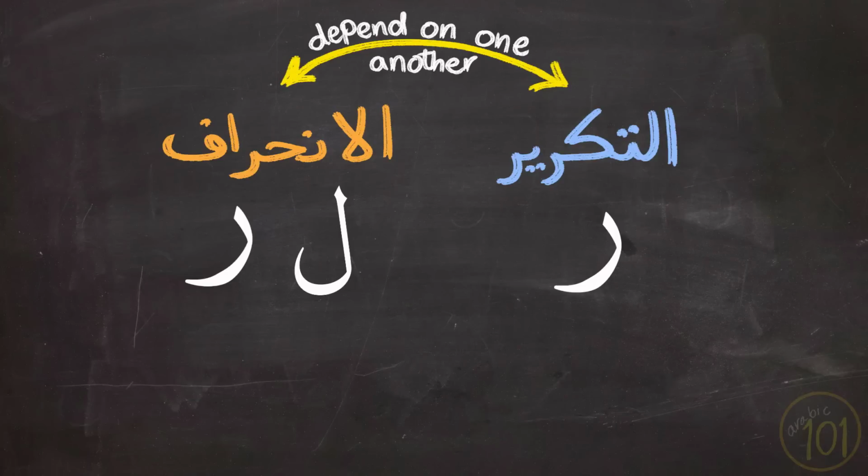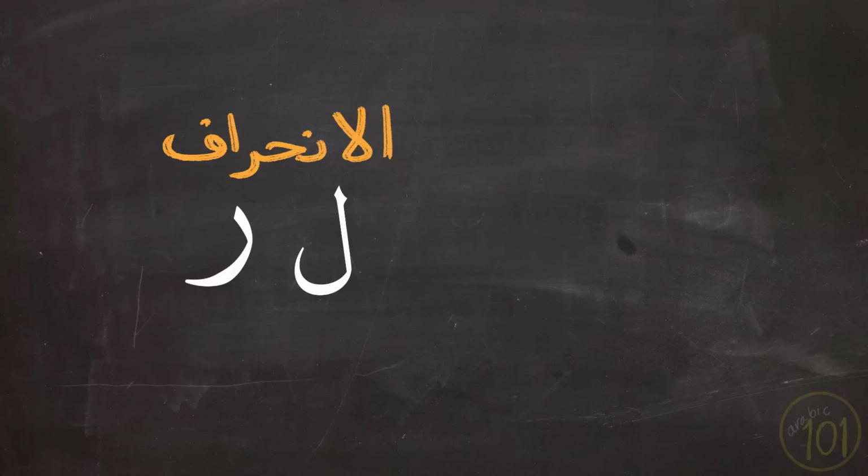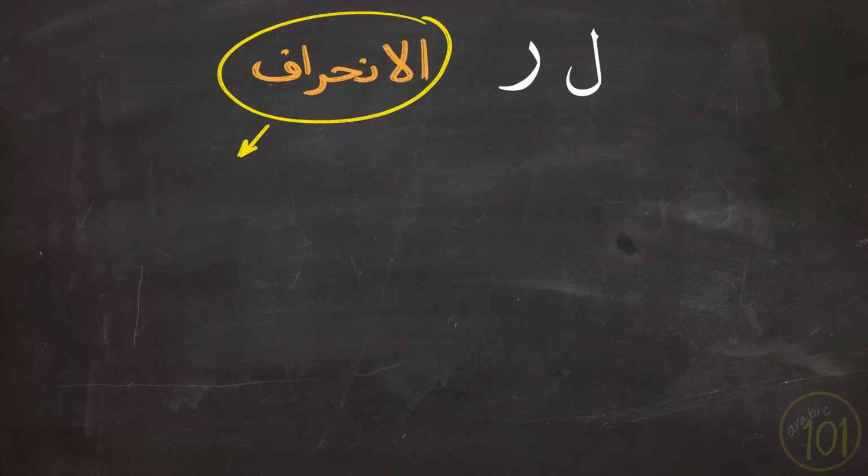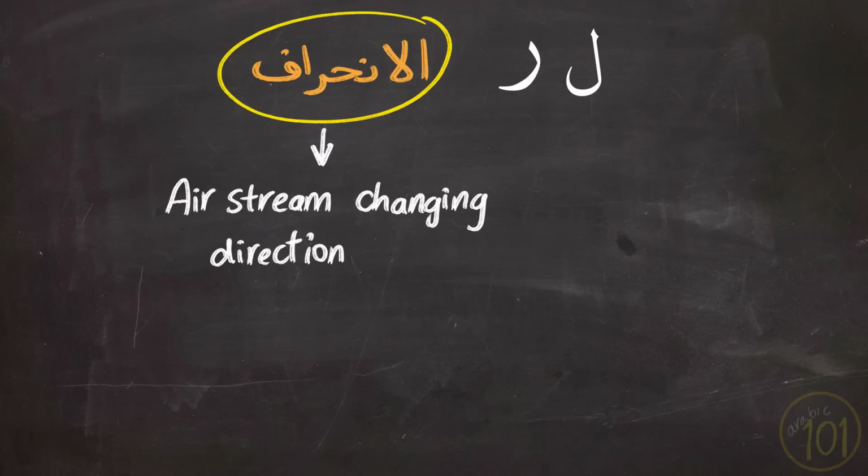Let's start with al-inhiraf, which happens with the letters lam and ra. Inhiraf literally means deviation or changing direction, and in simple terms, it refers to the deviation of airstream when pronouncing ra and lam.